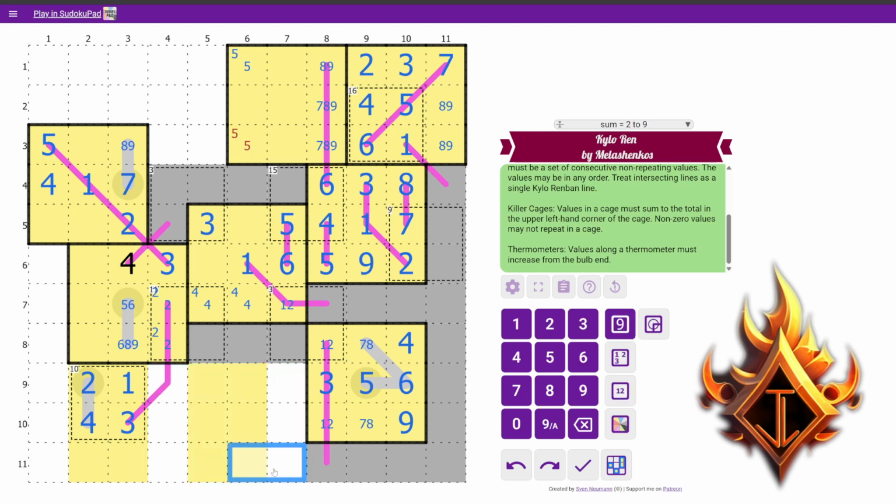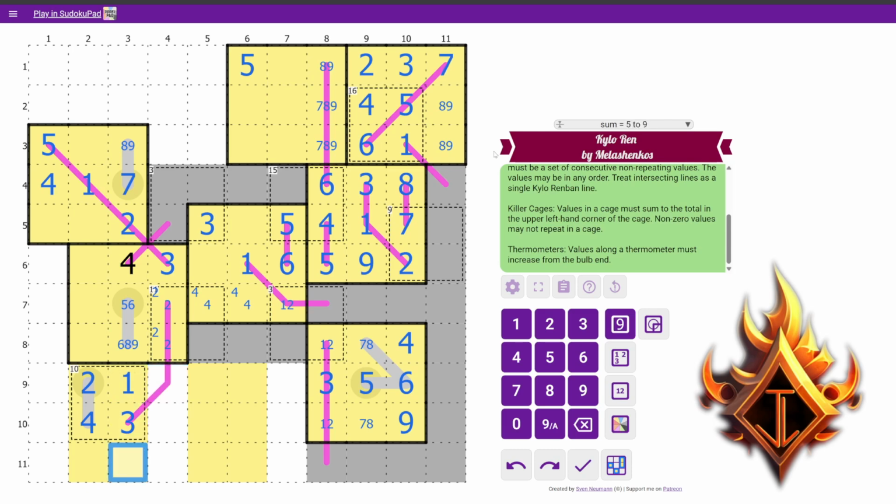If this is yellow, 3 must go there. Okay. Not sure. I am sure about that 5. I'm still not quite sure about this being a 0 or a digit.